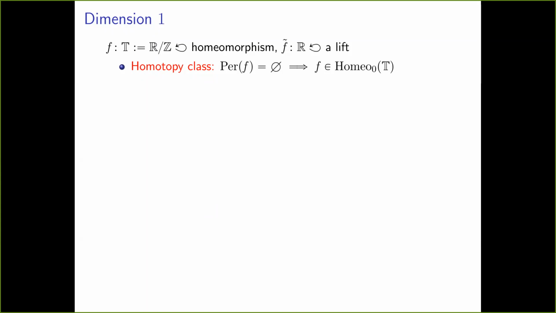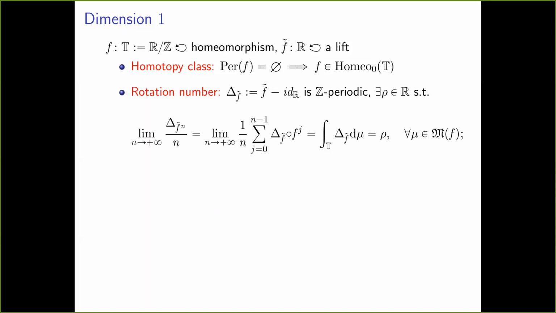So you can restrict to orientation preserving homeomorphisms, and we know that we can define the rotation number. Essentially what you do is you consider the lift, you consider the difference between the lift and the identity, and this defines this delta function here, which happens to be Z-periodic.